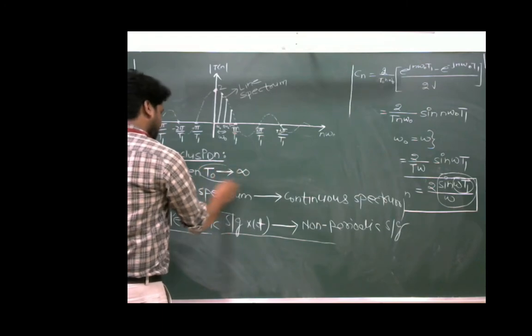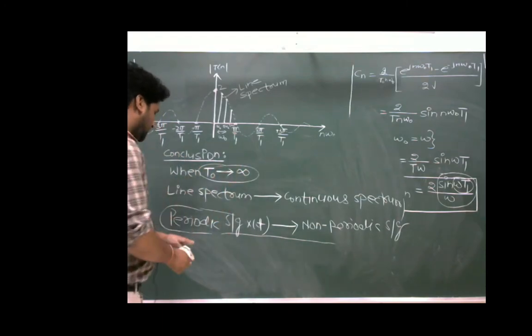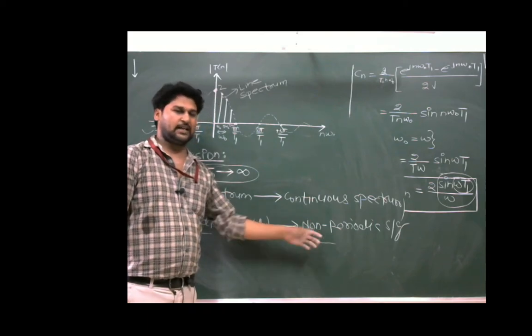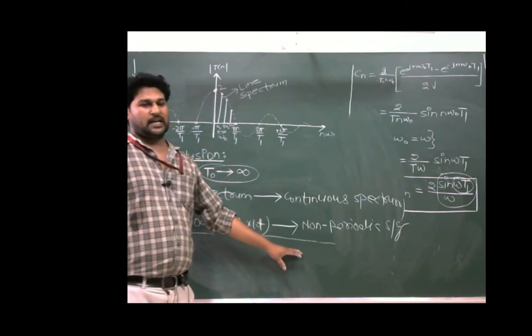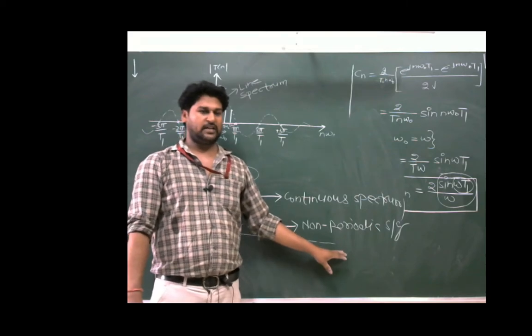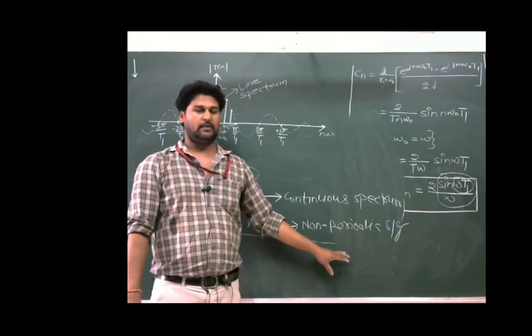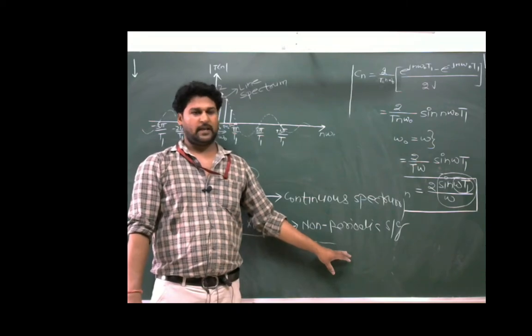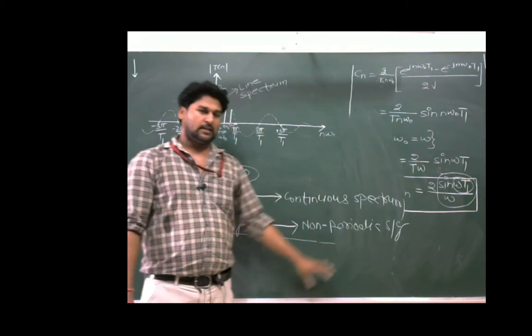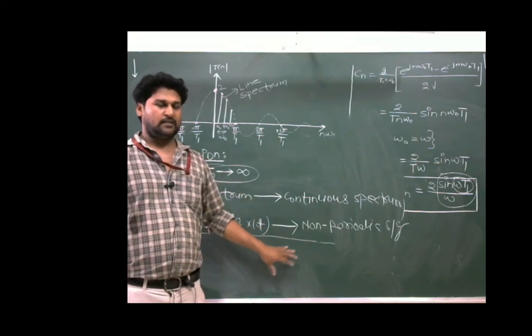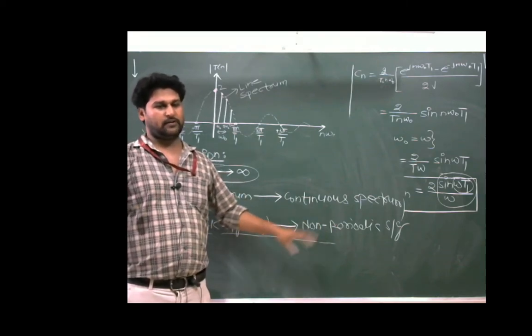We can consider this statement in another way also. If T naught tends to infinite, then this periodic signal tends to become a non-periodic signal. It means that we can treat this non-periodic signal as a periodic signal with a period of infinite duration.